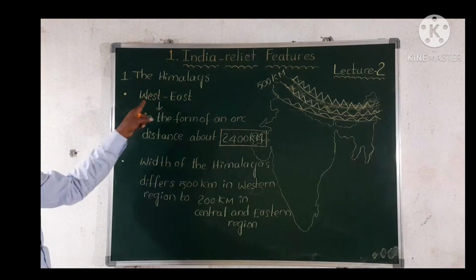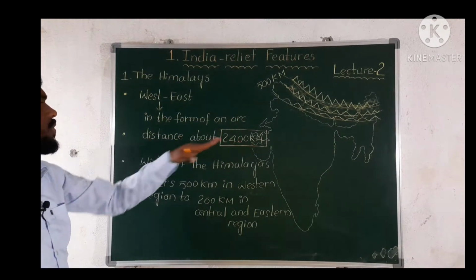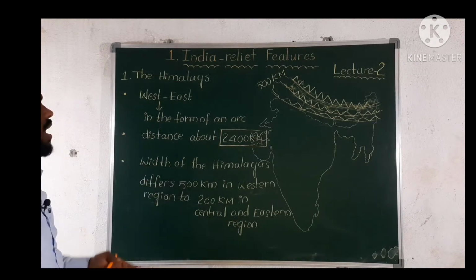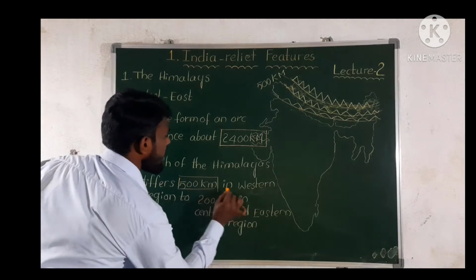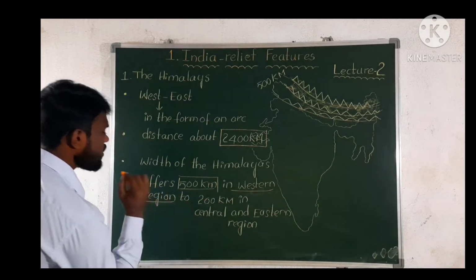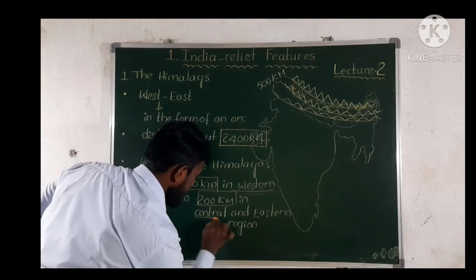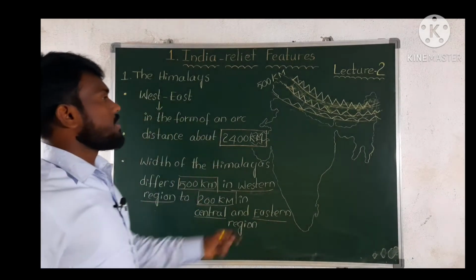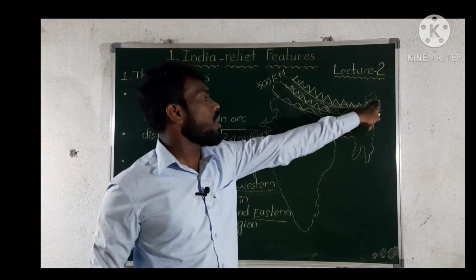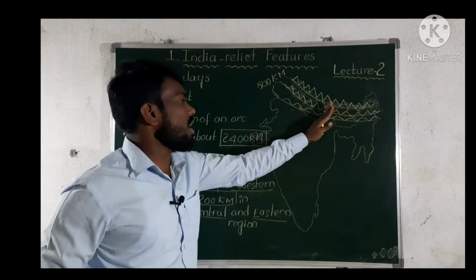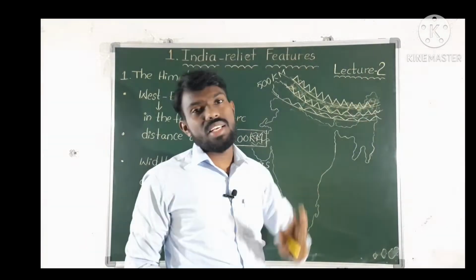The Himalayas run west to east in the form of an arc, with a distance of about 2,400 kilometers. The width differs, 500 kilometers in the western region to 200 kilometers in the central and eastern regions.